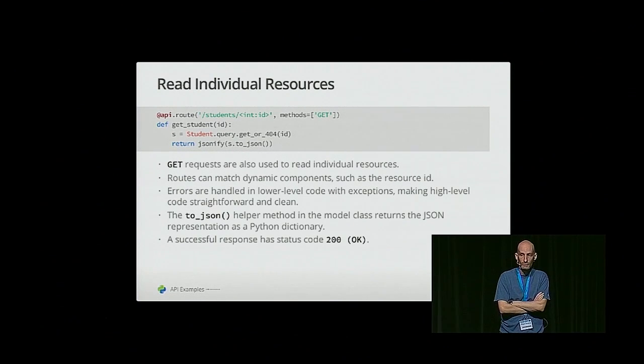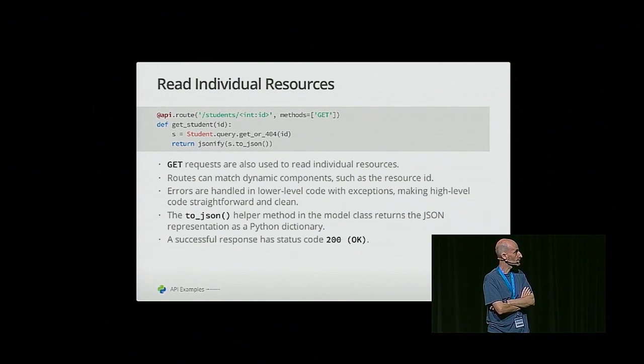So the client knows only a few top-level URLs. It knows how to get the list of students, how to get the list of classes, and so on, but it doesn't know much more than that. But now the client asked for the list of students, and now it's got a few new URLs that it didn't know about before. So a single student can be obtained with this route.